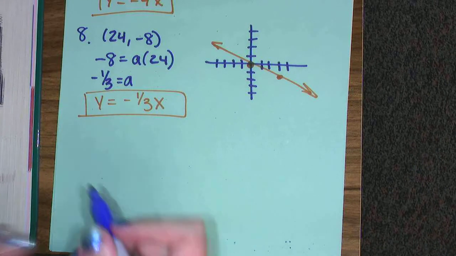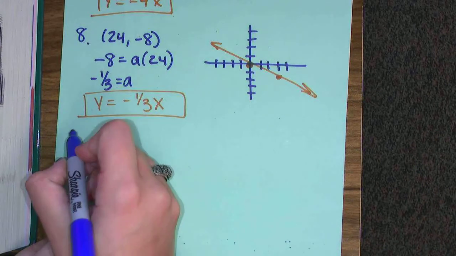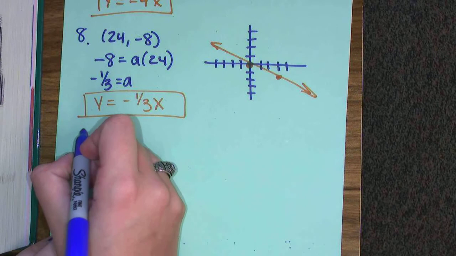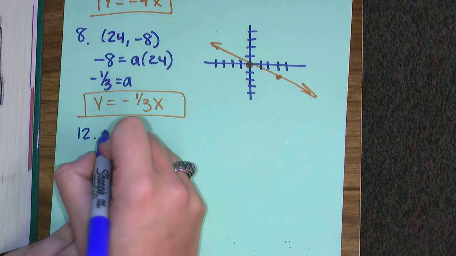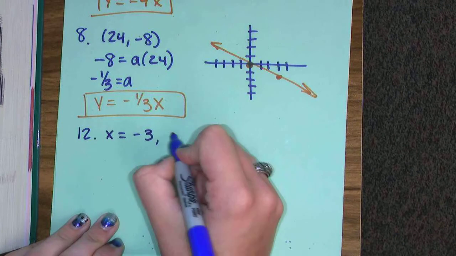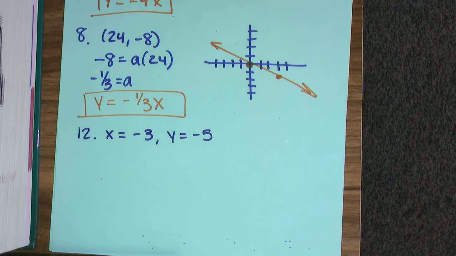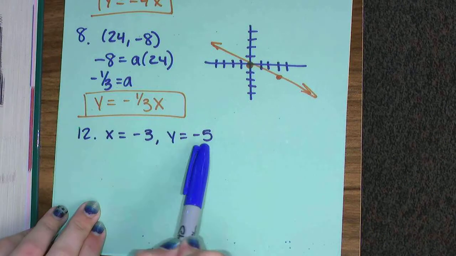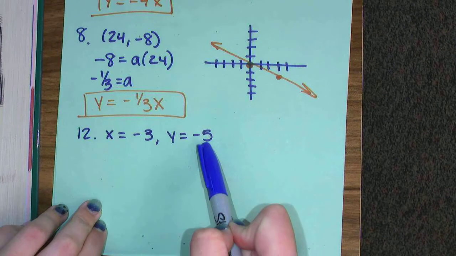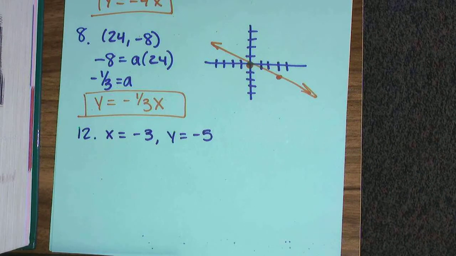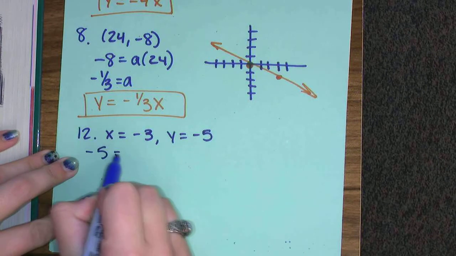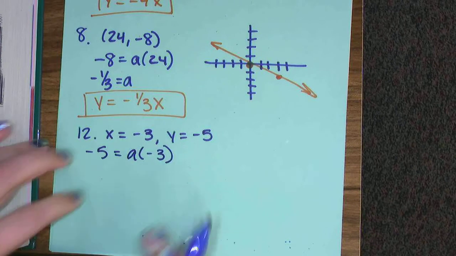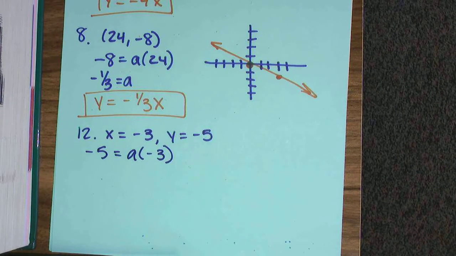Basically the same thing that we just did in the last section, but now it says x is equal to -3, y is equal to -5. Rather than this being written as an ordered pair like we had here, now they're written separately, but the process is exactly the same. So we write it as -5 is equal to a times -3. So what is a?